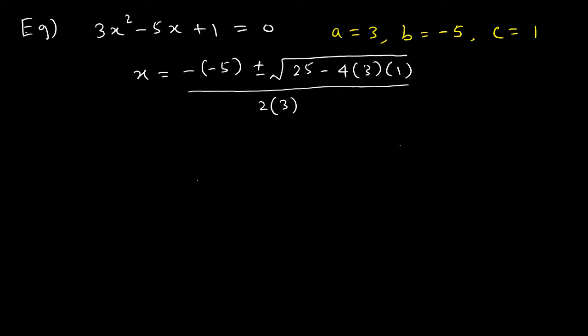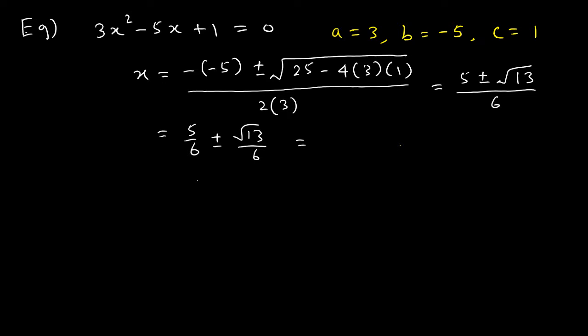So if you simplify, you get 5 plus or minus 25 minus 12 means 13. So you get 13 square root over 6. Again, you can split it. You can write this one as 5 sixths plus or minus square root 13 over 6.